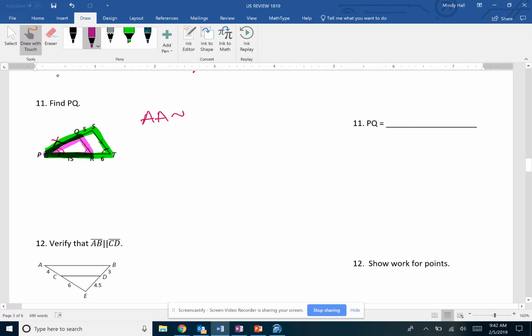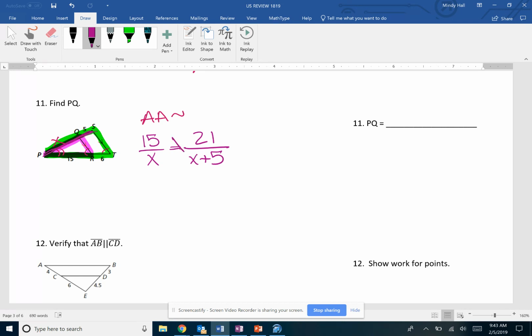Looking at little to big, we could have 15 over x equals the long side of the big triangle would be 15 plus 6, which is 21. And then the side with the x on the long one would be x plus 5. Again, be careful. Make sure it actually represents the entire side. When we cross multiply, we get 21x equals 15 times x plus 5.